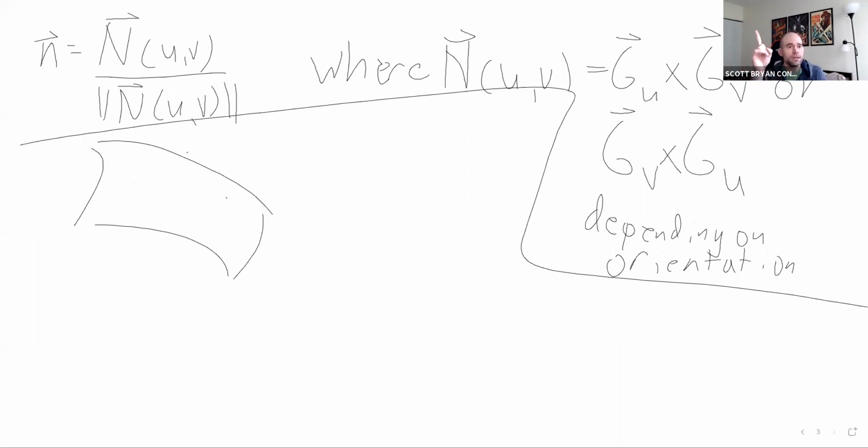One points one way, and there's one pointing in the opposite direction. One of those is going to correspond to g_u cross g_v over the magnitude of g_u cross g_v. The other one is going to correspond to the negative of that, or you could flip the cross product. And we need to figure out which one of those. In other words, we're going to determine the positive side, the positive direction of flow across our surface. Choosing one of those at each point is how we do that.